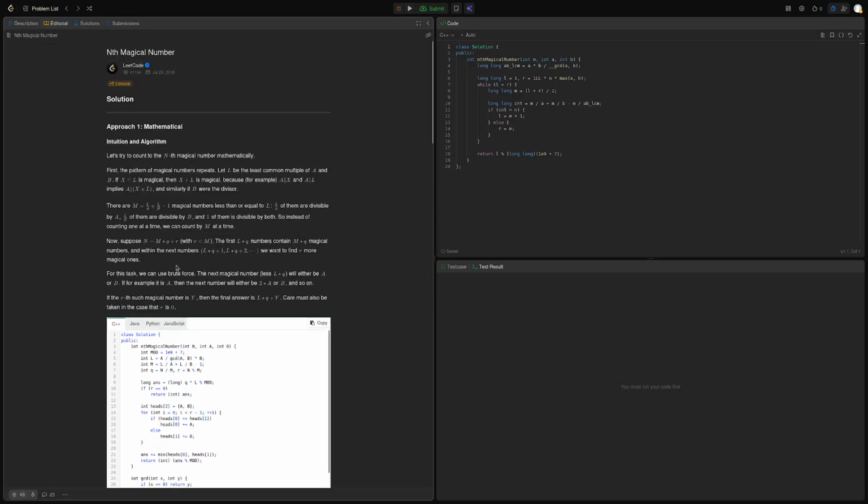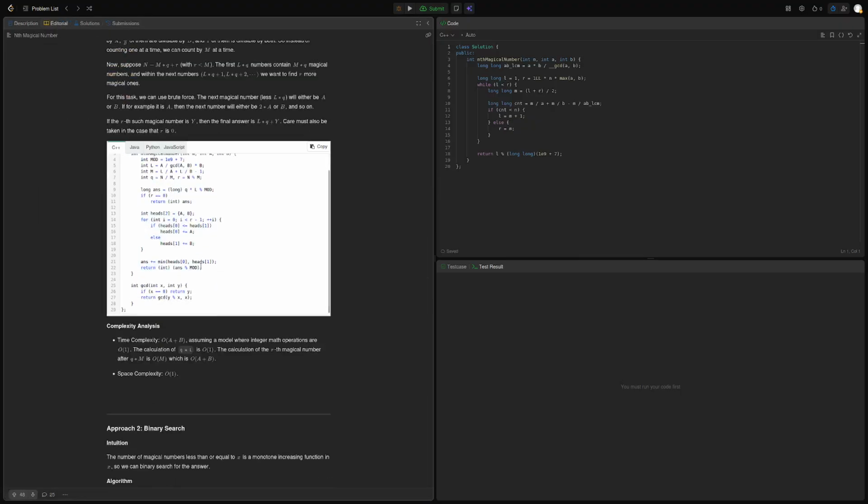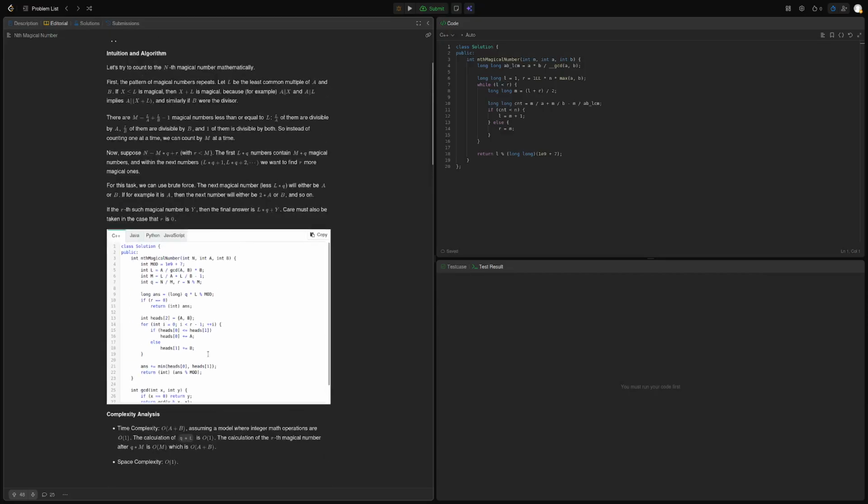So the point of this trick is that you count numbers from like 1 to the LCM of A, B, there is like L divided by A plus L divided by B minus 1 divisors, right?